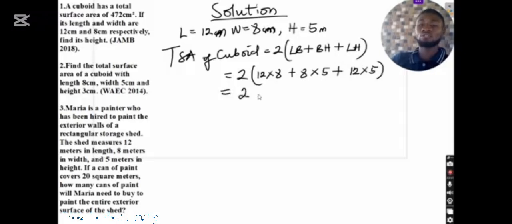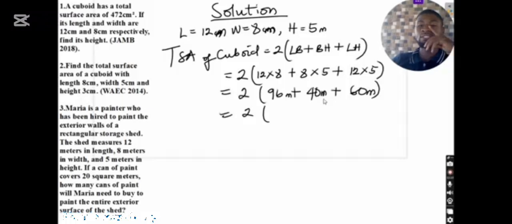So we have 2, open bracket, 12 times 8, we have 96 square meters, plus 8 times 5, that is 40 square meters, plus 12 times 5, and that is 60 square meters. So we say 2, open bracket, 96 plus 40, that is 136, 136 plus 60, that is 196, close bracket.